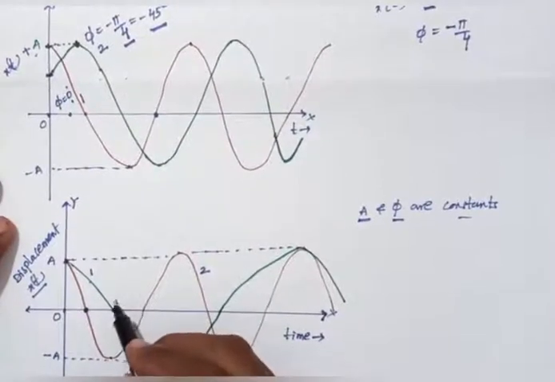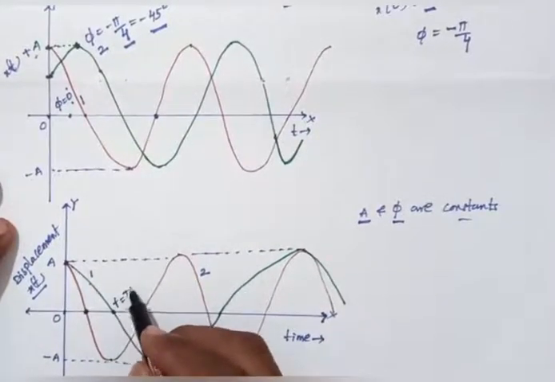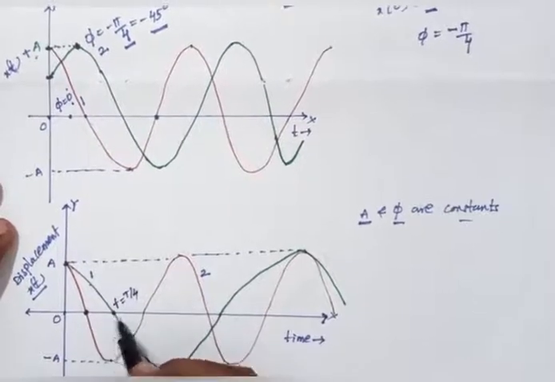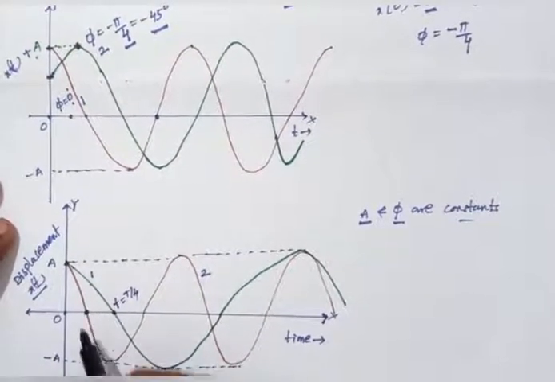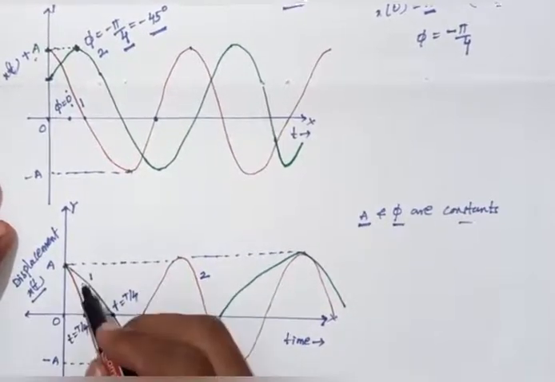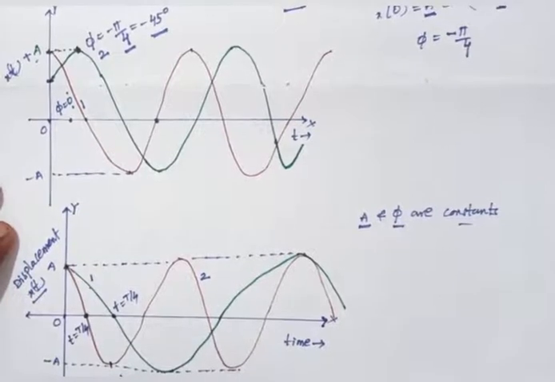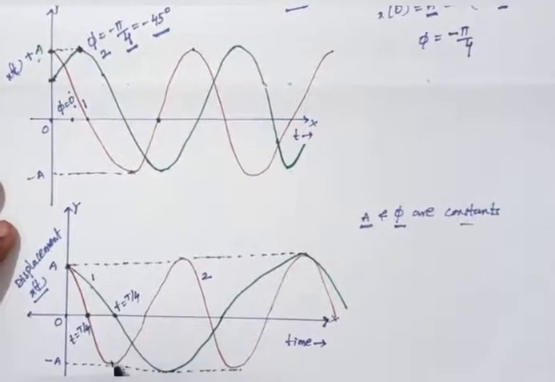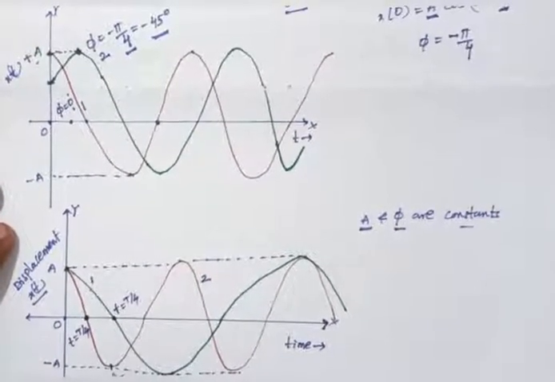At t equals T by 4, the first wave is 0. For the second wave we have taken t equals T by 2, because it is the maximum negative amplitude.